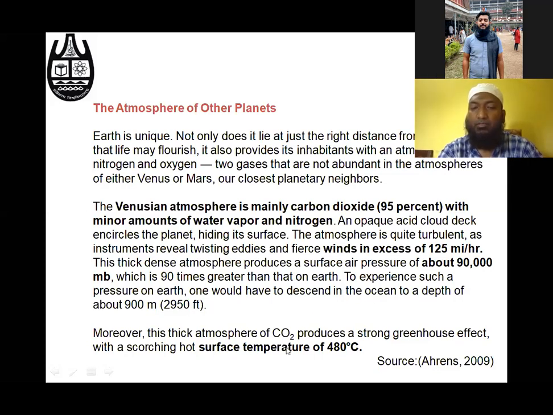Moreover, the thickness of the carbon dioxide atmosphere produces a strong greenhouse effect there. As we know, carbon dioxide is a greenhouse gas, and greenhouse gases have the characteristic that they protect the temperature from going out of the atmosphere.